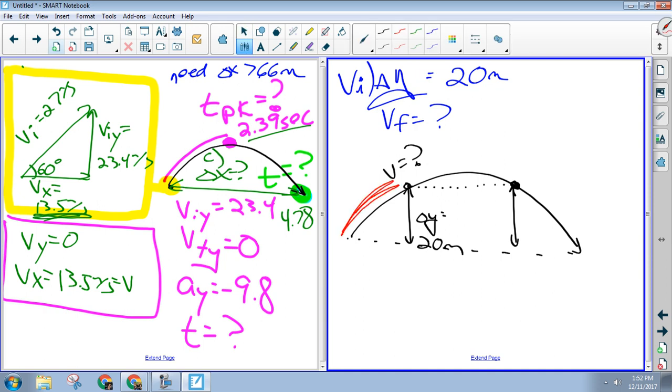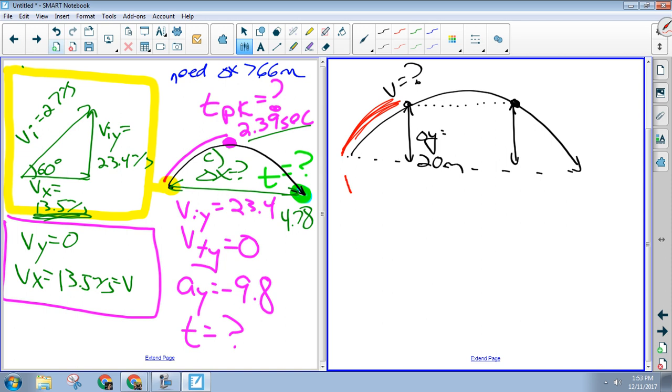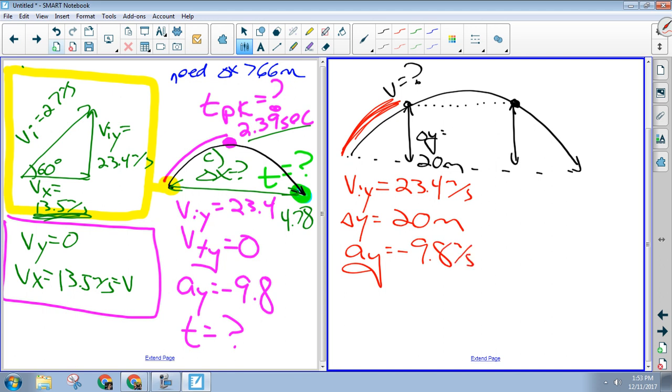All right, so let's focus on one of these time intervals. Let's do this one. For that red time interval that I just drew, here are the things I know. I know VIY is 23.4. I know delta y is 20 meters. I know AY is negative 9.8 meters a second squared. To find the velocity at a point, remember, I need to know my x and y components. I already know my x component here.